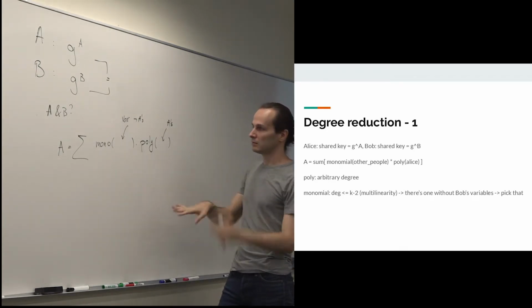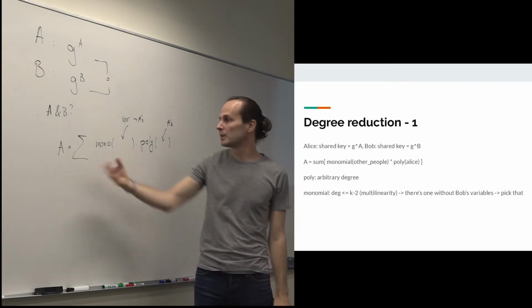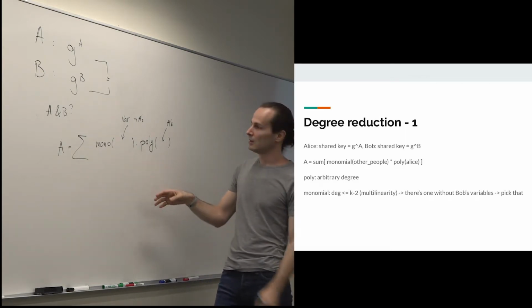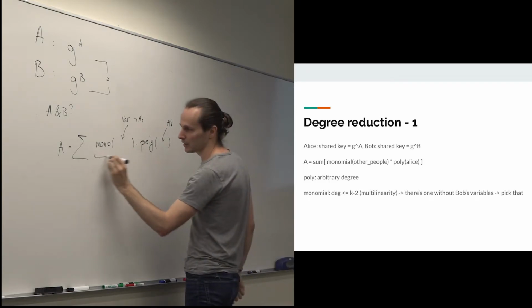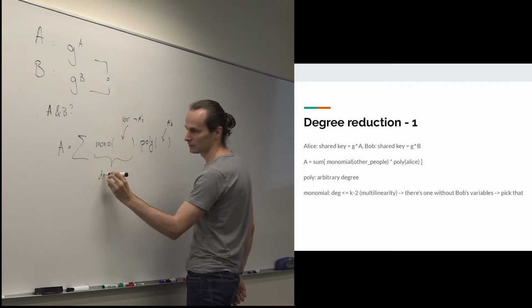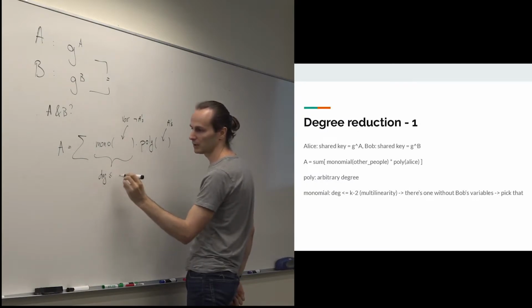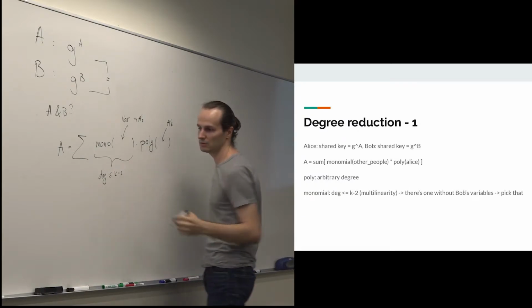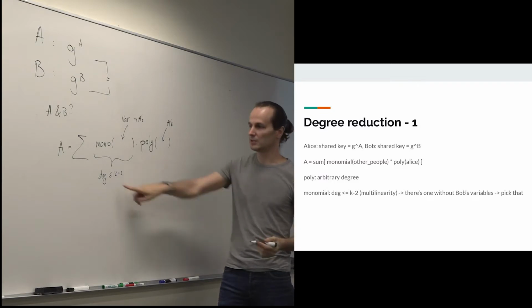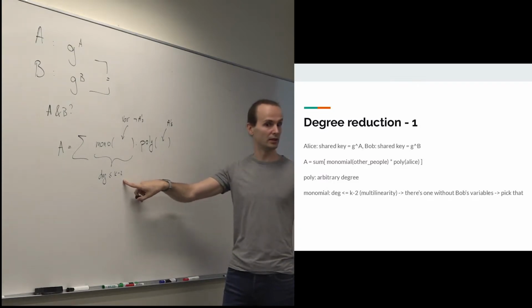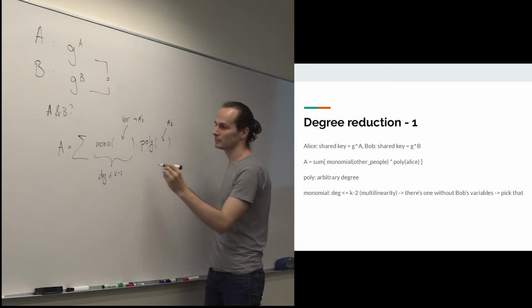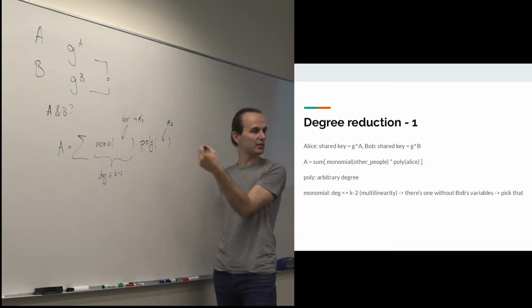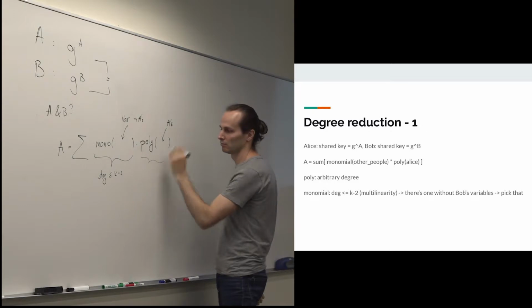So yeah, I can write the output polynomial as something like this. This is pairing stuff. So this one has degree less than or equal to k minus 2, because that's the maximum level of linearity I have. And since I have my own secrets, I can really go wild.